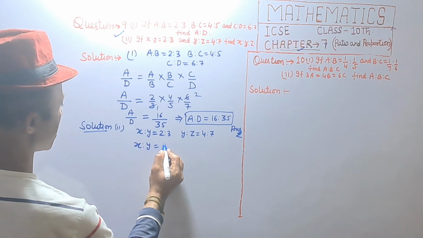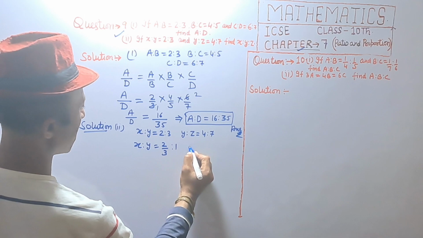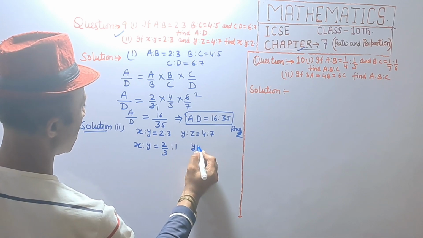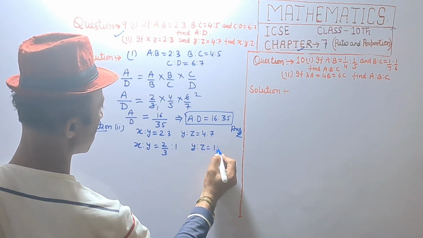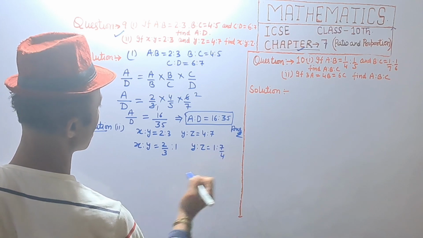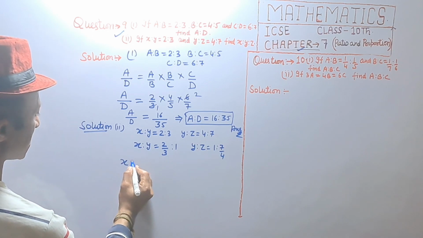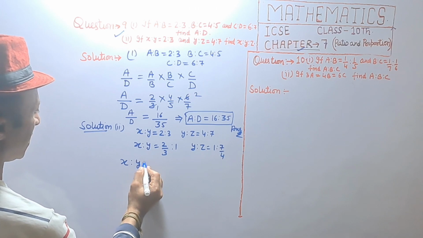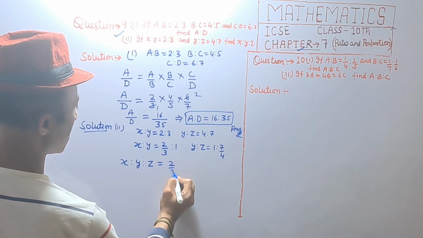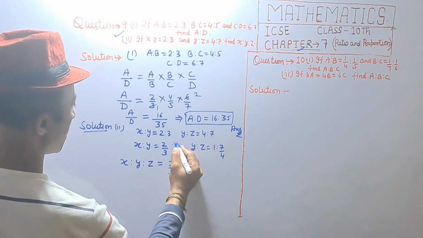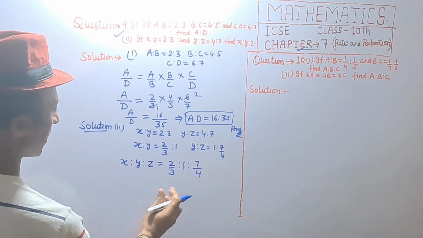X ratio Y is equal to 2 upon 3 ratio 1 and Y ratio Z is equal to 1 ratio 7 upon 4. So X ratio Y ratio Z is equal to 2 upon 3 ratio 1 ratio 7 upon 4.